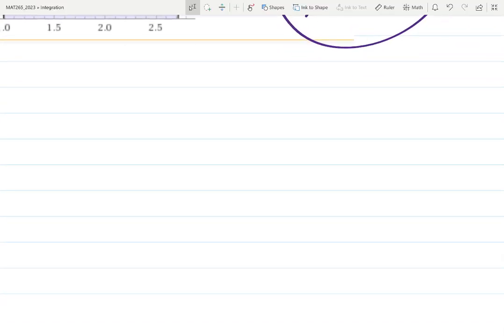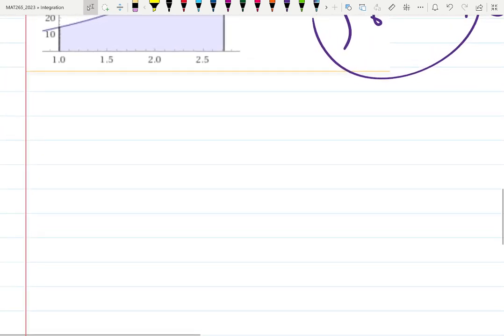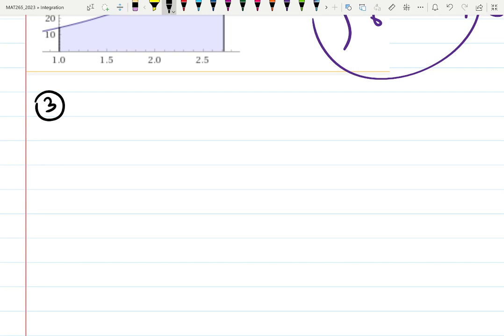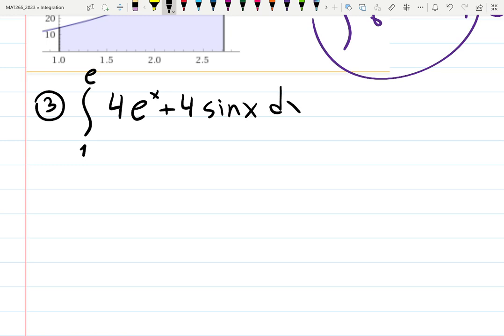Let's practice a little bit more. Those problems should be your favorite problems on the test, unless you just did not do any homework. If you do homework, you know what is happening. If I want to find the definite integral of 4 e to the x plus 4 sine x dx, equals, the theorem says, for now, ignore the limits of integration and just find the antiderivative.